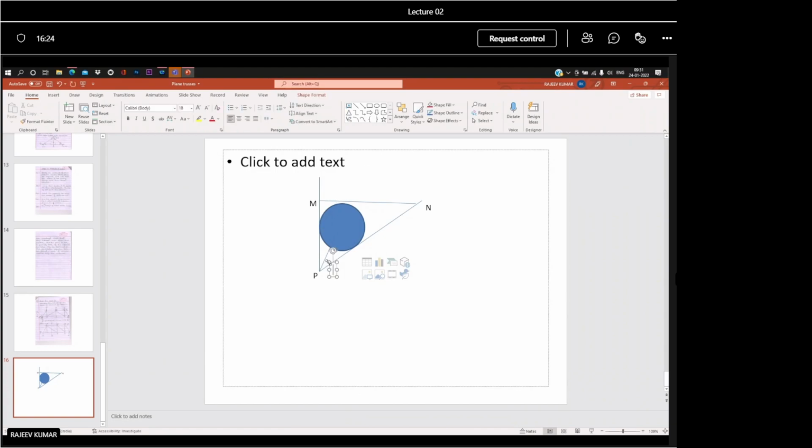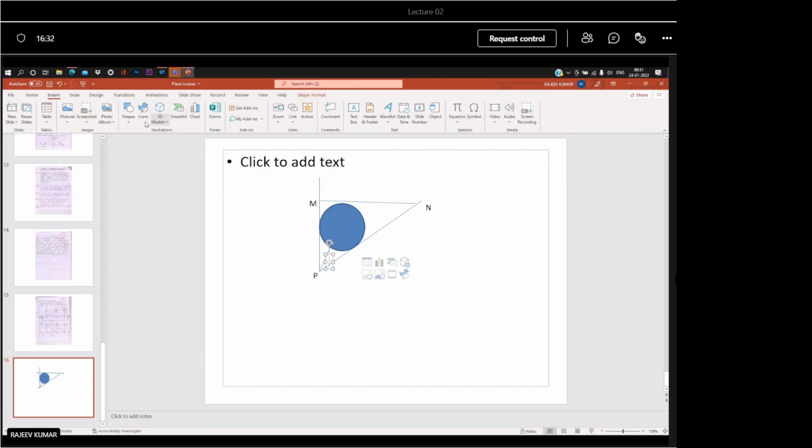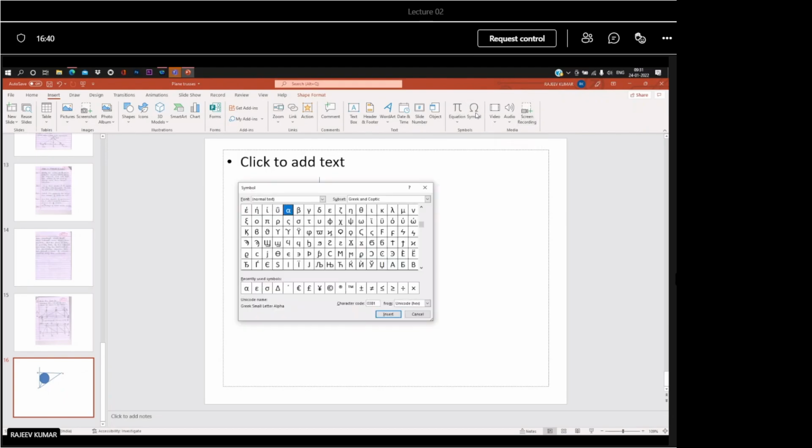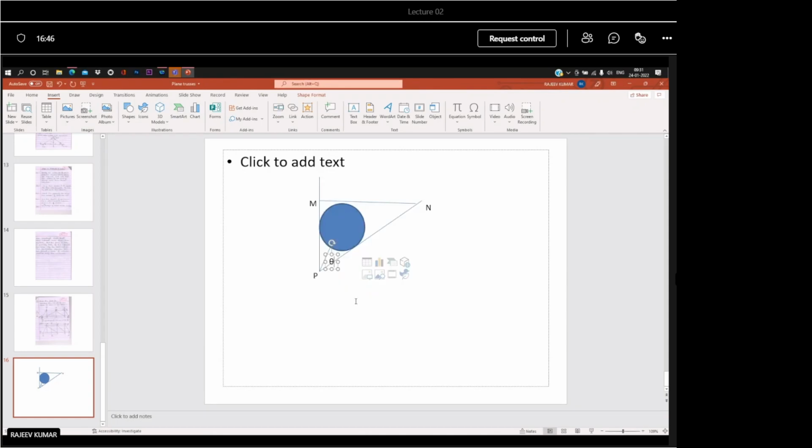See here, this angle is theta. So this is theta and this is also theta.